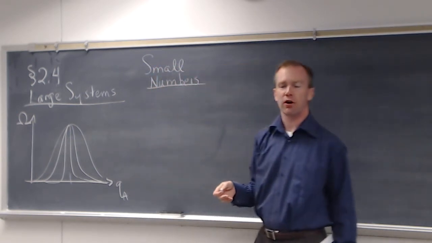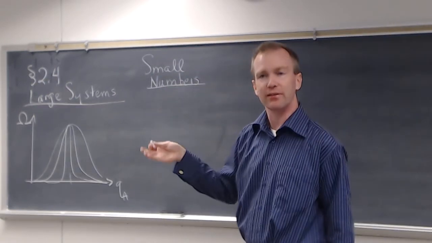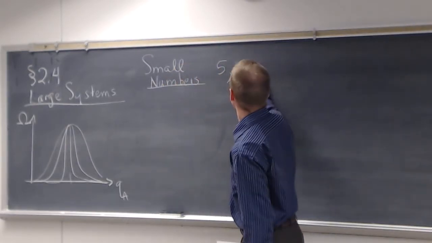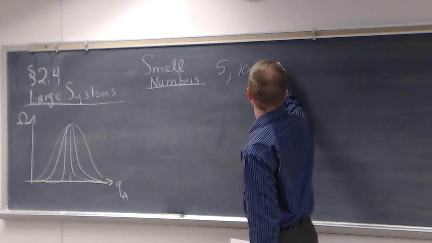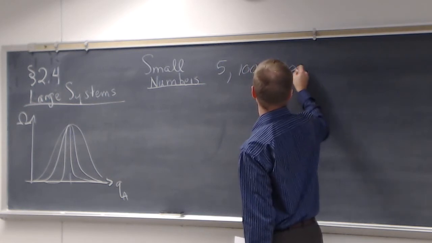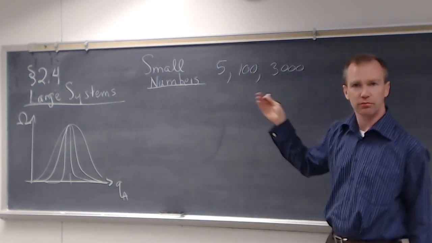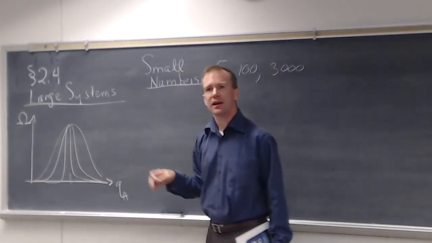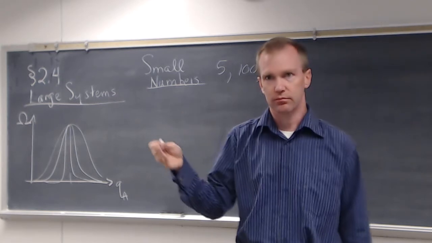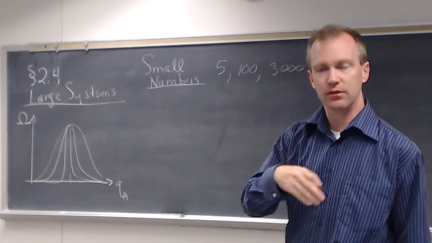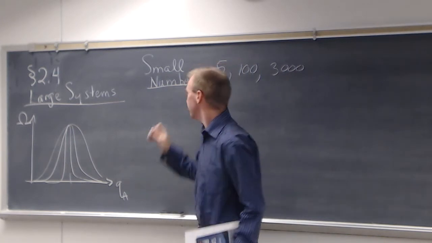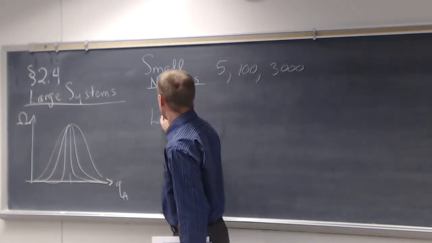Small numbers are things that we could write down with normal notation. 5, 100, 3,000 maybe. Those are small numbers. Small numbers behave the normal way that we're used to dealing with, adding them, subtracting them, dividing, multiplying. Regular numbers.